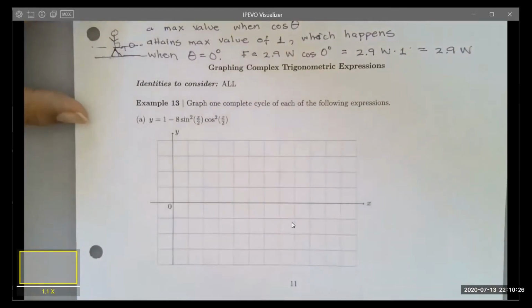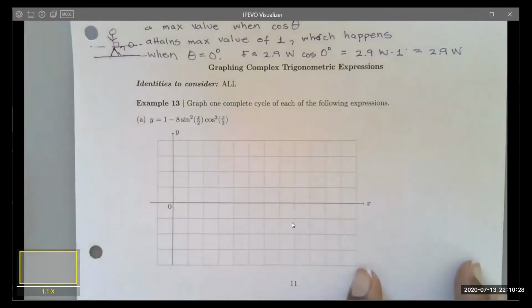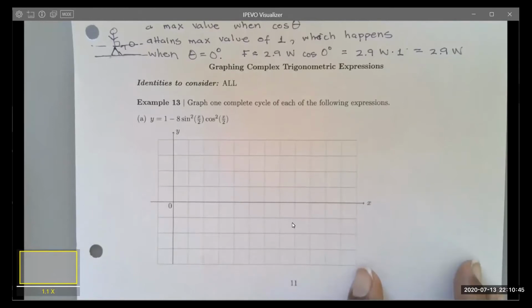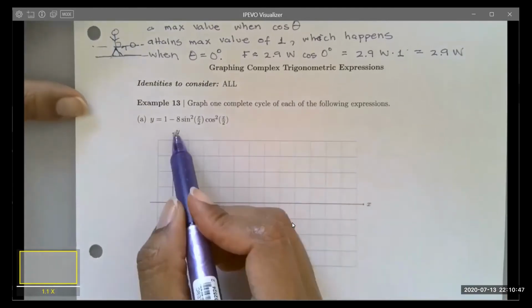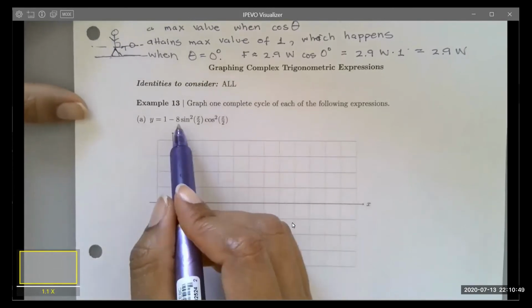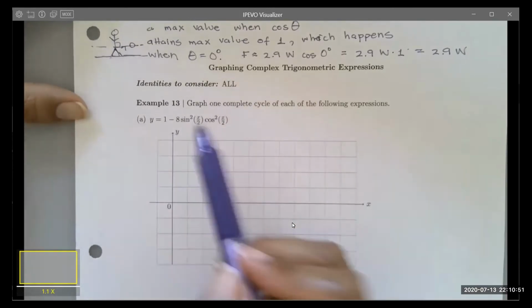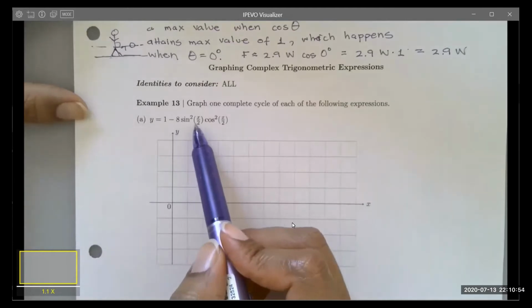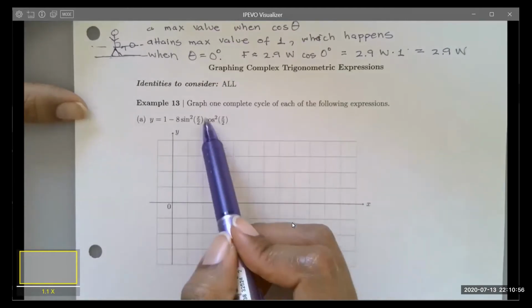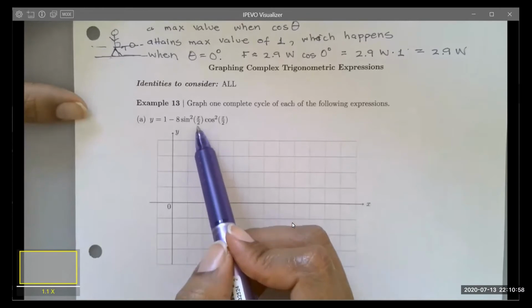Okay, moving on to some different type of problems. We're now going to take a look at graphing problems. And we know how to graph at this point nearly all trigonometric functions, any kind of shift, any change in amplitude, any change in period. In this case, they're giving us something to graph which has some trigonometric functions, but we have sine squared, cosine squared involved, and the angle is also changed, just x over 2.